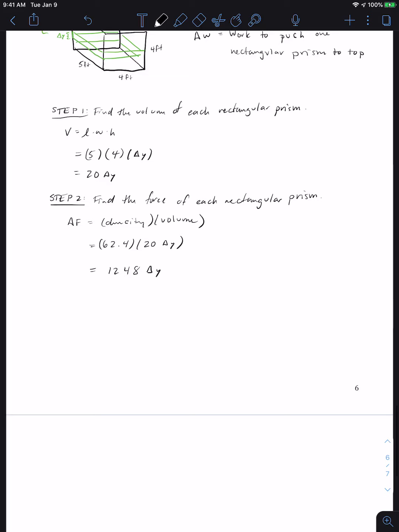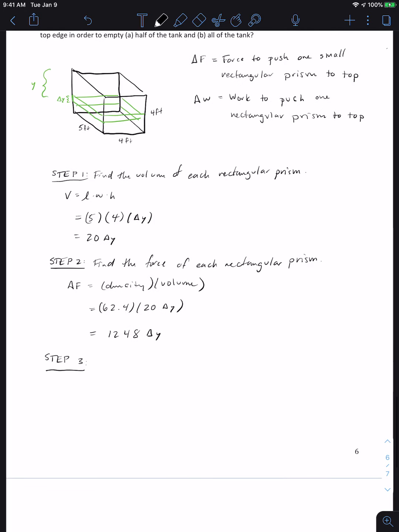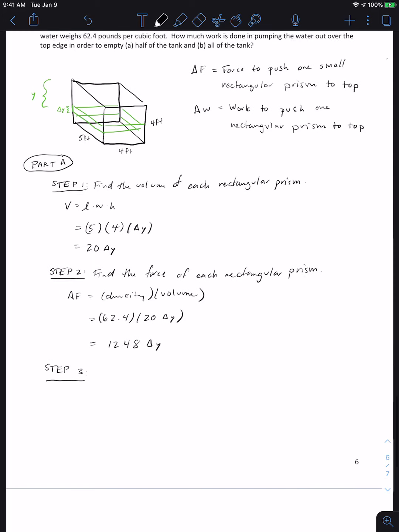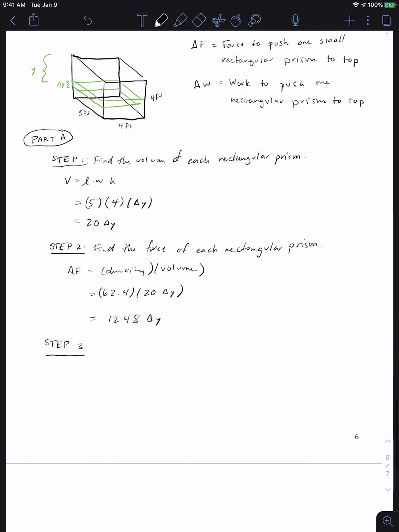Okay, so now step 3 is finding our work. In this case, I should probably say that we're doing part A. So first we're looking at part A, which is emptying half the tank, right?